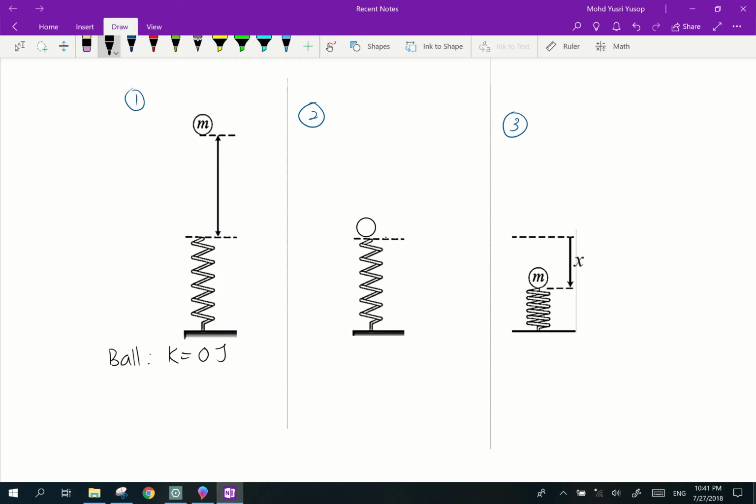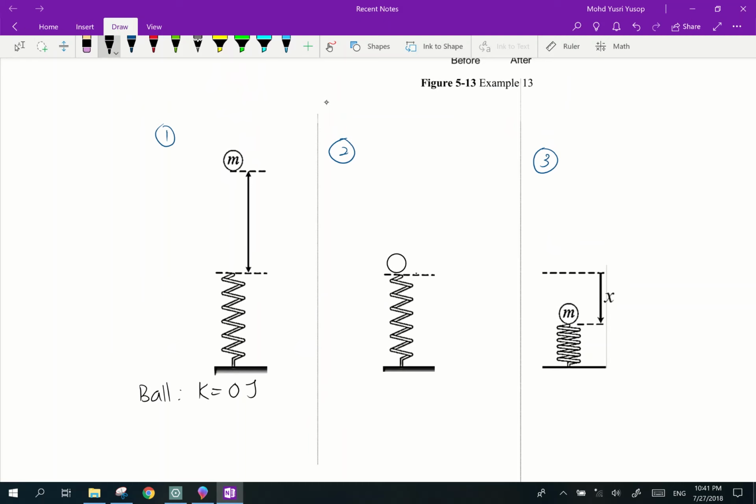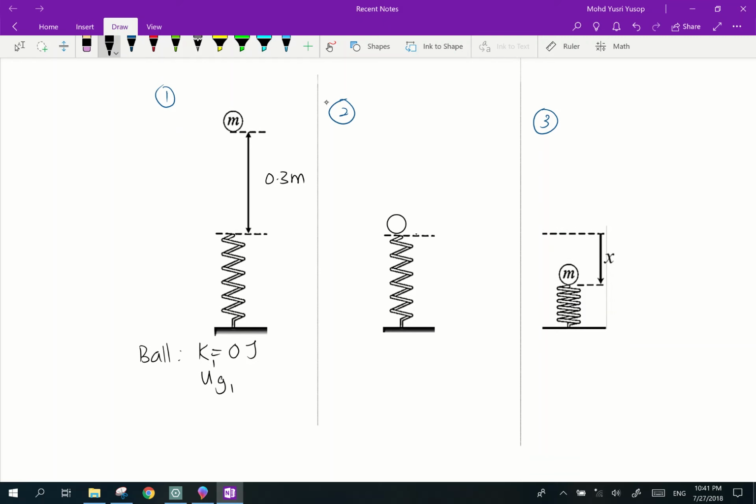But since the ball is at height 0.3 meter from the spring, therefore, the ball has gravitational potential energy. So, let's name it as K1 and UG1. For the second system, the spring.